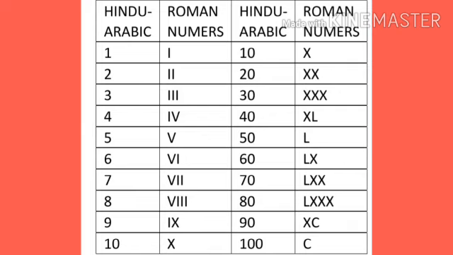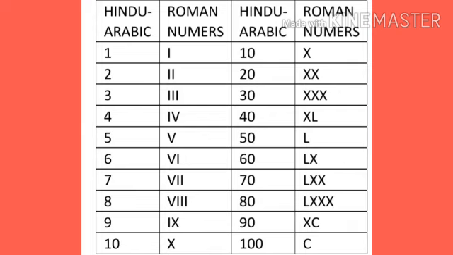For 20, we have to write X 2 times. For 30, we can write X 3 times. Now for 40, we can't write X 4 times, because we can repeat only 3 times. So for 40, we have to subtract 10 from 50, and 50 is L, so 40 will be XL. Now for 60, LX, that is 50 plus 10. Now for 70, LXX, then 80, LXXX. We can repeat 3 times on the right side.